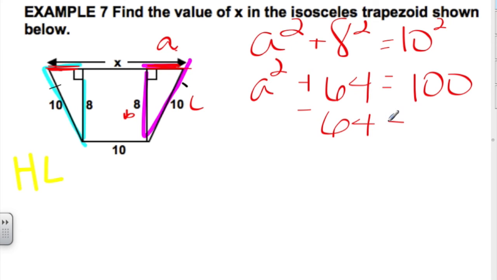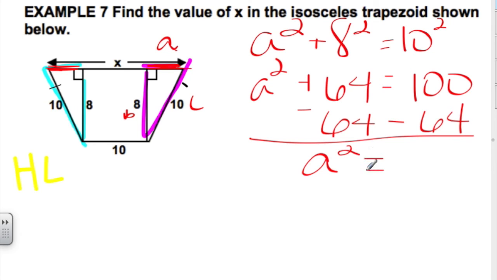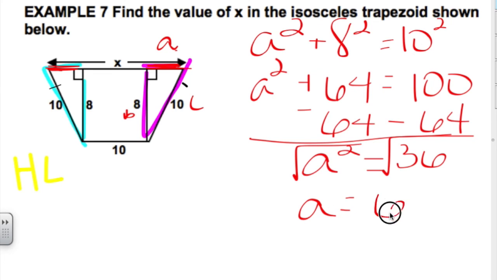Subtract 64 from both sides, and A squared equals 36. Square root both sides, so A equals 6. So that means this piece is 6. So that must mean that this piece is 6.